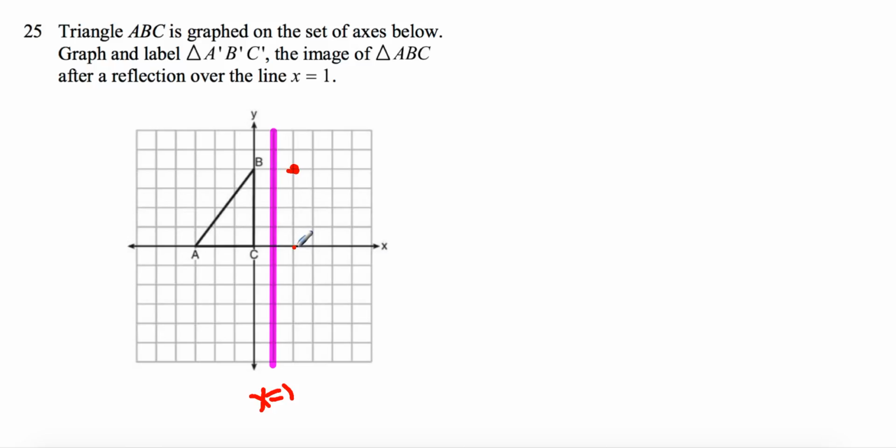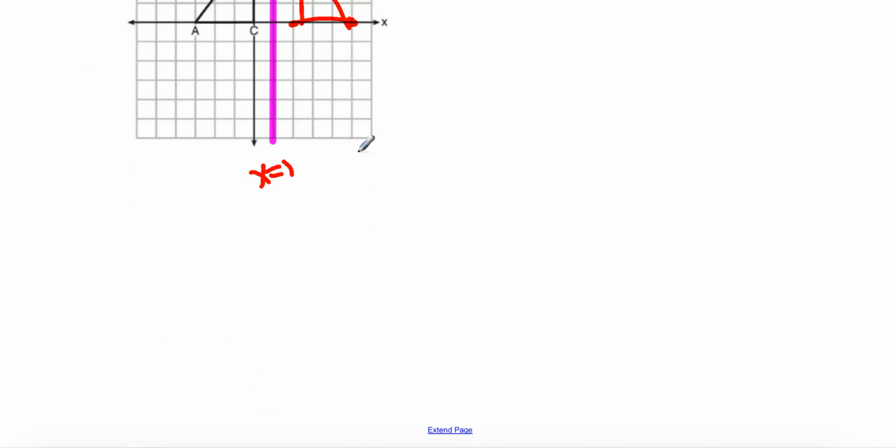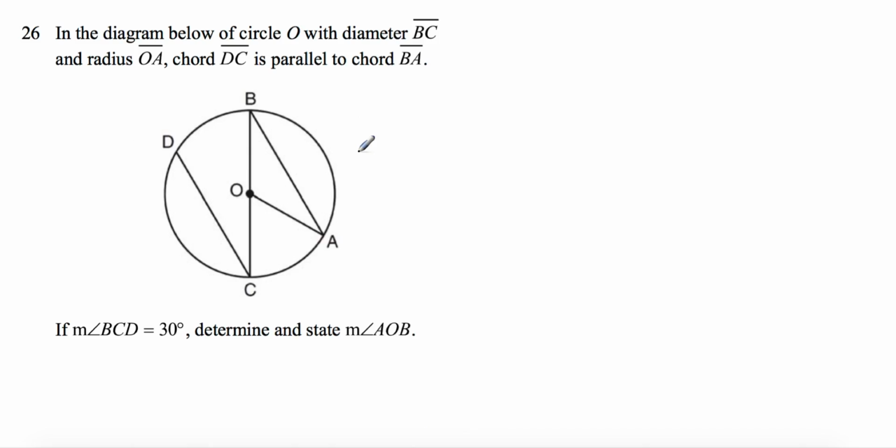C goes over here as well, same thing. And A is 1, 2, 3, 4, so 4 the other way, 1, 2, 3, 4. And that becomes our answer. All right, let's look at number 26.